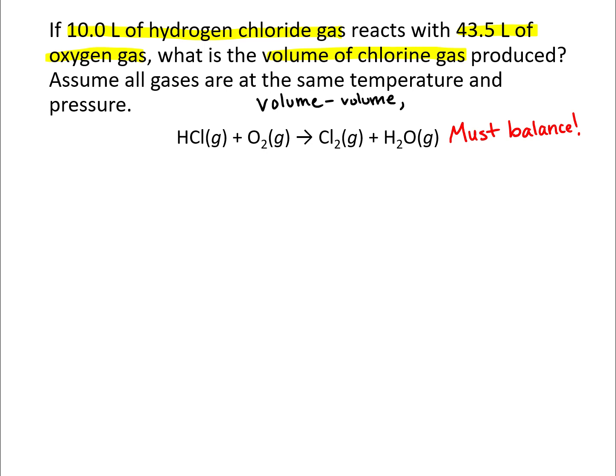So this is also a limiting reagent question. I use reagent and reactant interchangeably. So we have to do 2 mini problems so that we can figure out how much chlorine gas we make. So first things first, let's balance the equation.